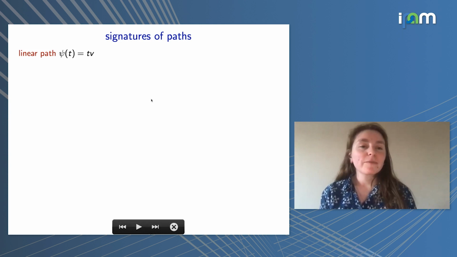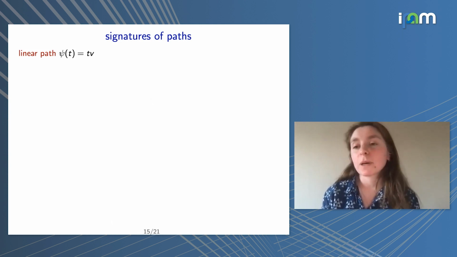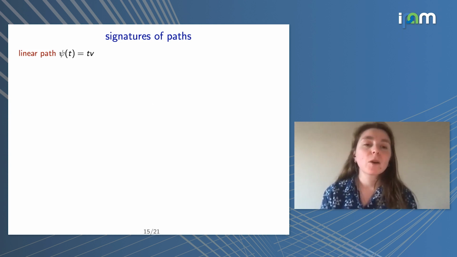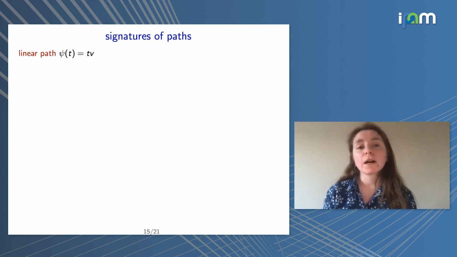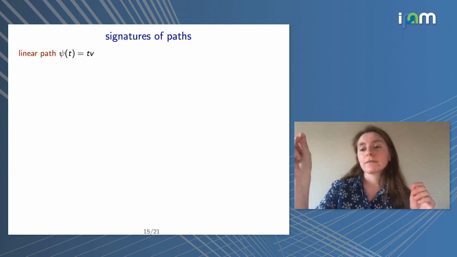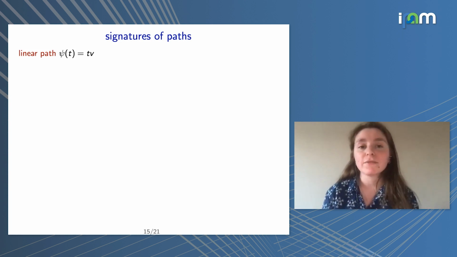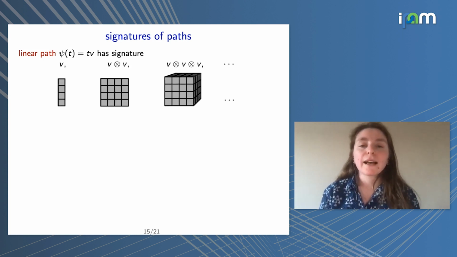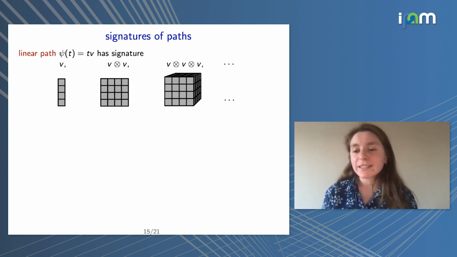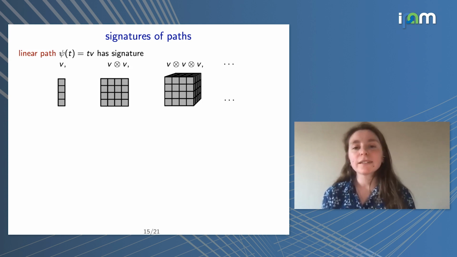Okay, so what do signatures of paths actually look like? Well, maybe the easiest example of a path is just a linear increment from some point to another point. So the path tV, where V is some vector direction. Its signature is nice, especially if you like rank 1 tensors.